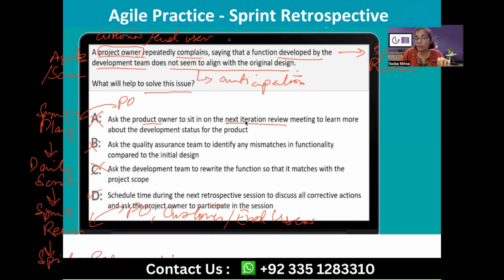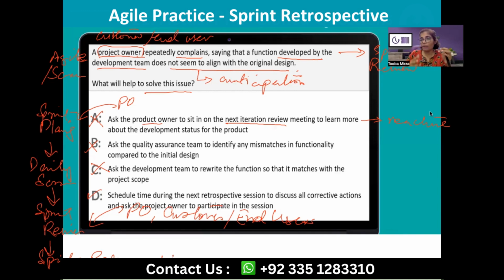You are sitting in the current iteration review and asking him to wait till the next one so that the development team could produce the status or whatever changes. This is going to be very reactive rather than proactive, and Agile is not at all about being reactive. Agile is all about being proactive.